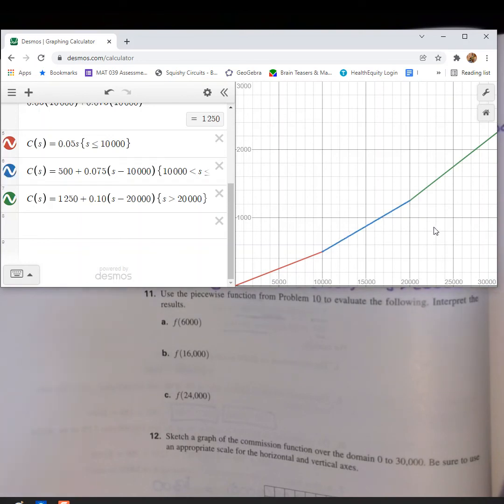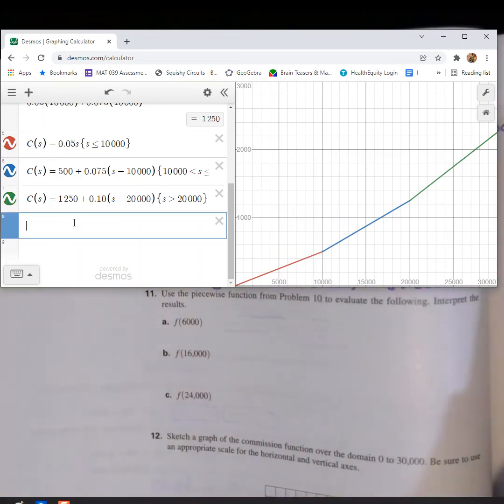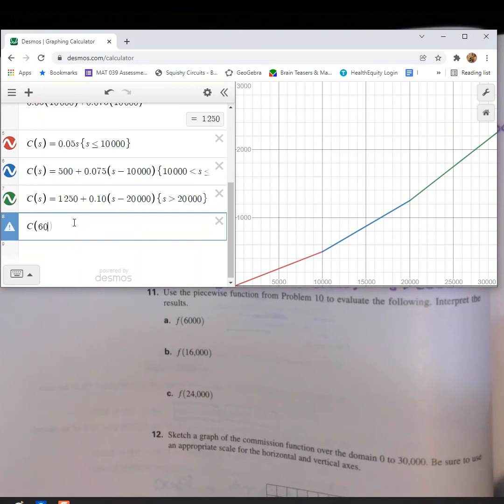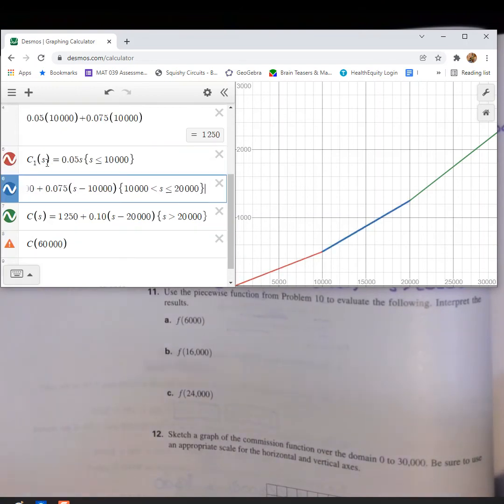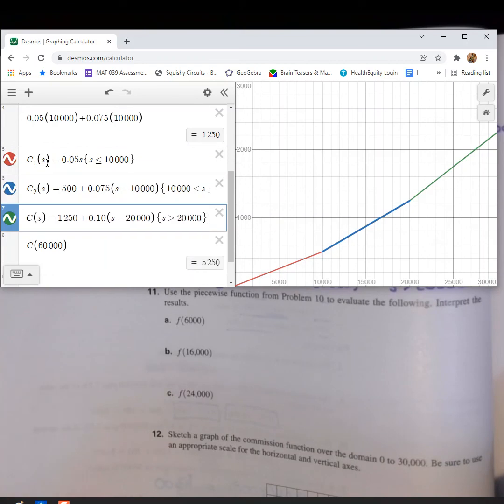If the connection point was hard to see because of the colors. All right, so I can see the graph just fine like this, but the problem becomes I can't do the function evaluation C of 6,000 because I have 3 functions labeled C here. So what I can do is label them C sub 1, C sub 2, and C sub 3.